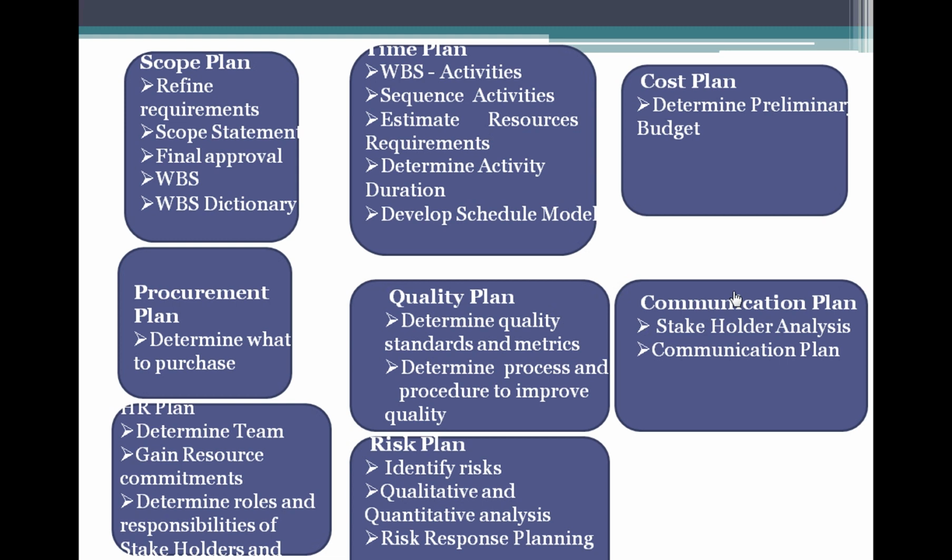We keep on updating, it is an iterative and ongoing process, until the scope, duration, and cost of the project are in line with what is stated in the project charter. The project manager does this and updates all these knowledge areas continuously.